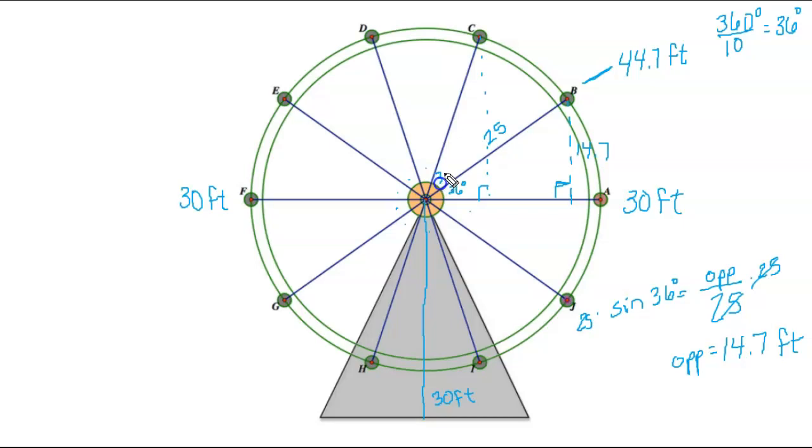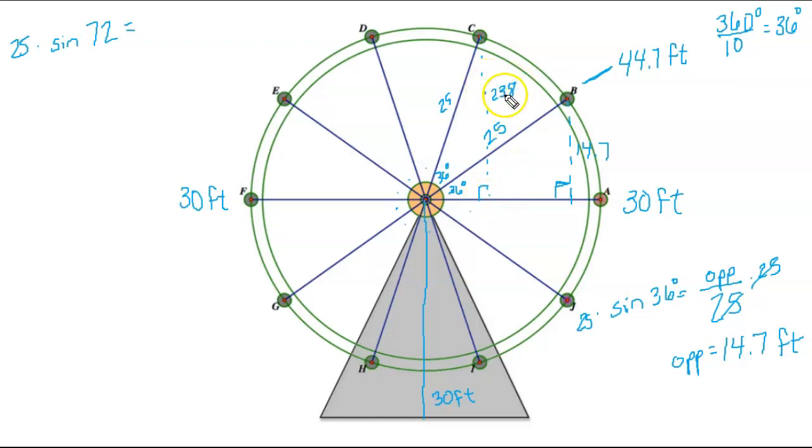It's going to have two 36-degree angles, so that angle is going to be 72. And then we still know that its hypotenuse is going to be 25. So we can do 25 times the sine of 72. And we can figure out that its height is supposed to be approximately 23.8 feet.